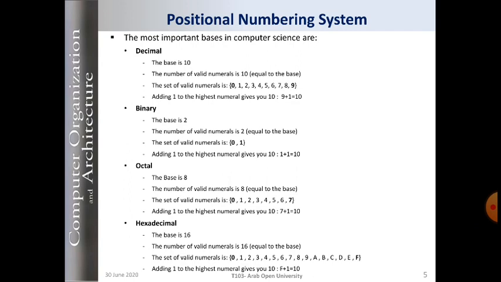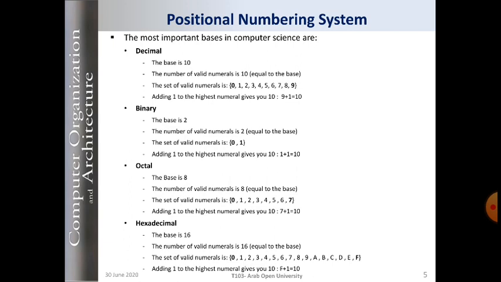Then we have the binary system. It has a base of 2. The number of valid numerals is 2, which is equal to the base. These valid numerals are 0 and 1. Adding 1 to the highest, 1 plus 1 equals 10, which is equal to 2 in decimal, or 10 in binary.